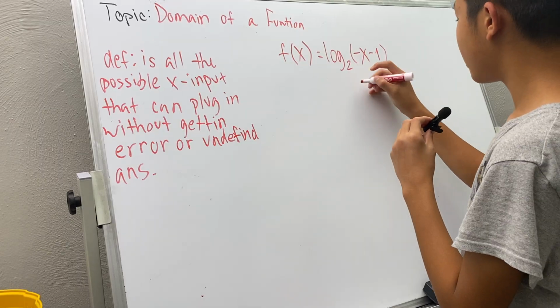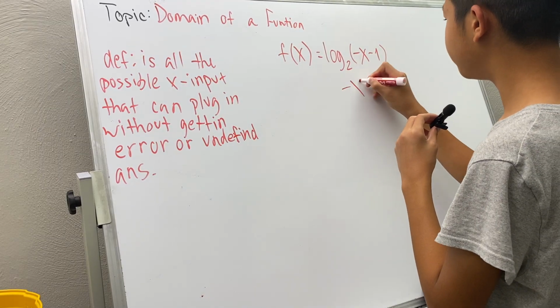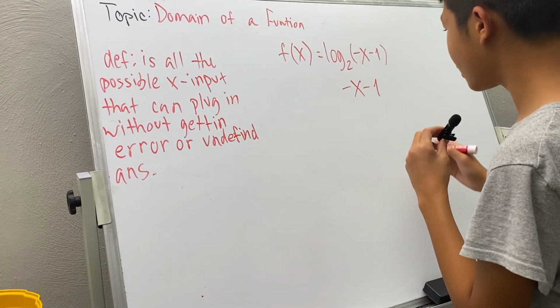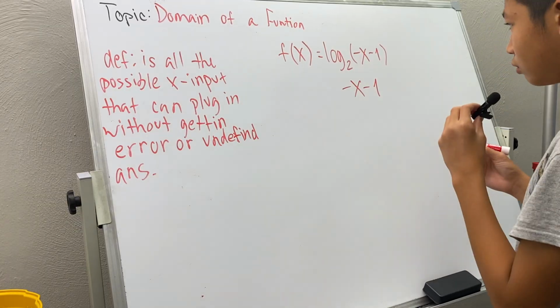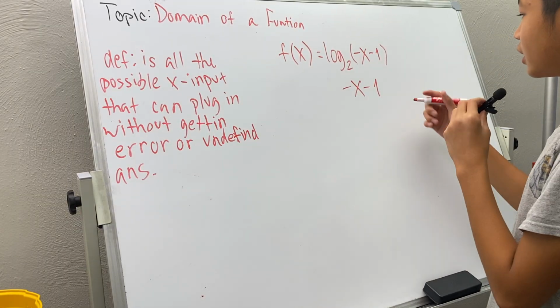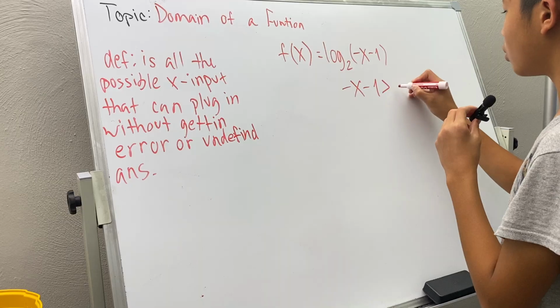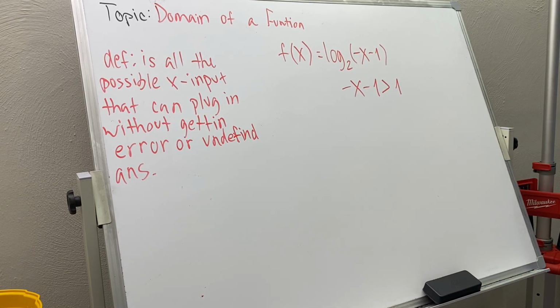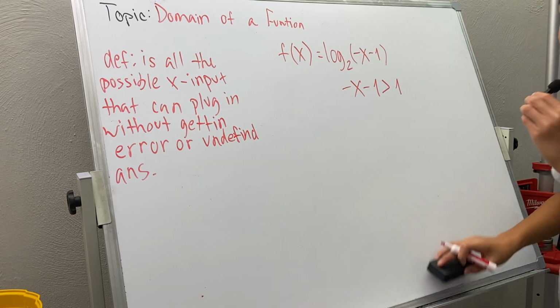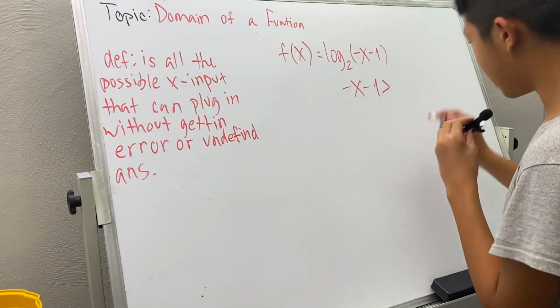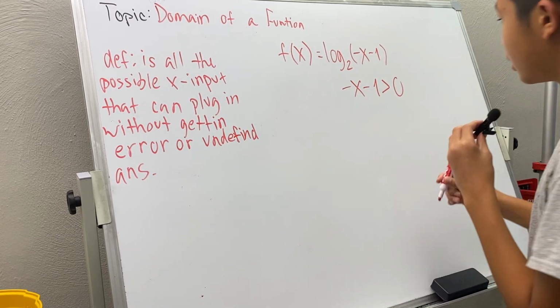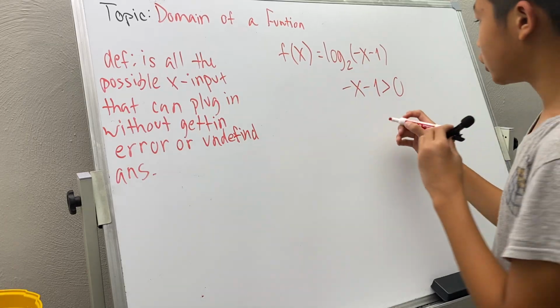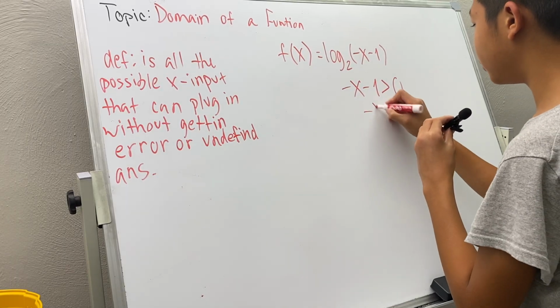So the inside can't be negative either. So it's got to be greater than 0. My bad, greater than 0, can't be 0 though. So let's move this 1 to the other side.